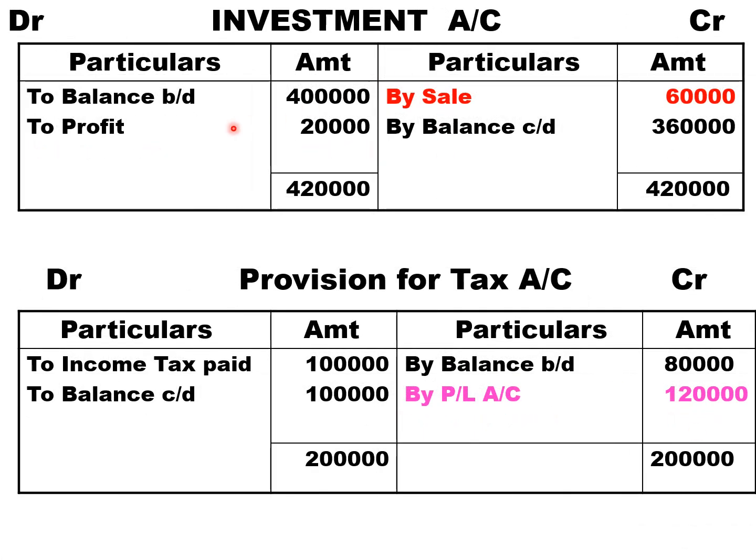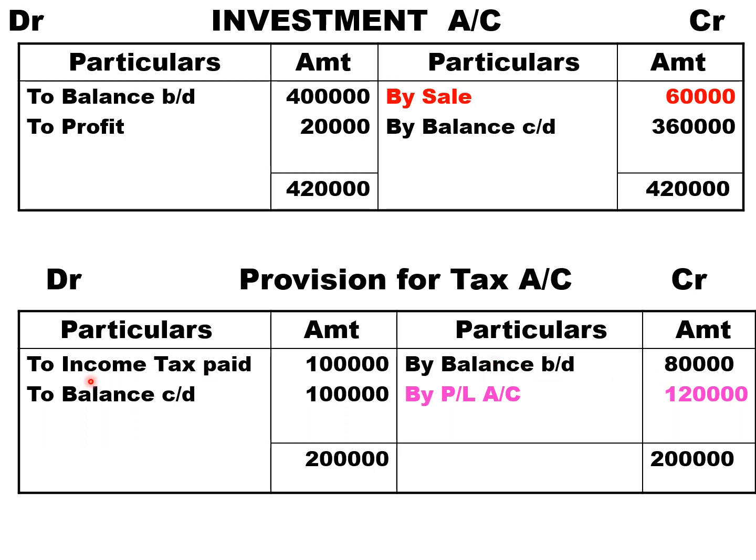Investment account, students, it's an asset. To balance brought down 4 lakh. There is a profit on sale of investment 20,000 given in adjustment. So 4 lakh 20,000 minus closing balance, you get sale of investment 60,000. Then we have the provision for tax account, it's a liability. So by balance brought down 80,000.